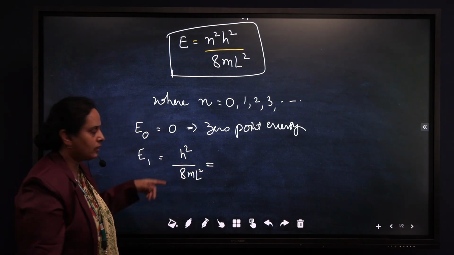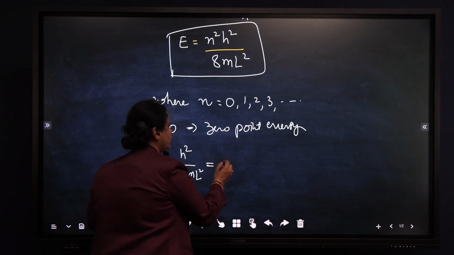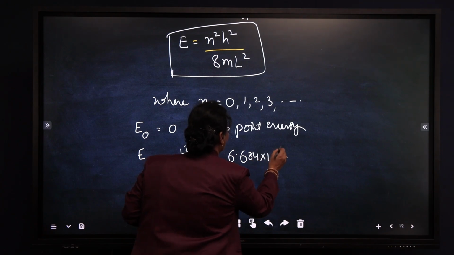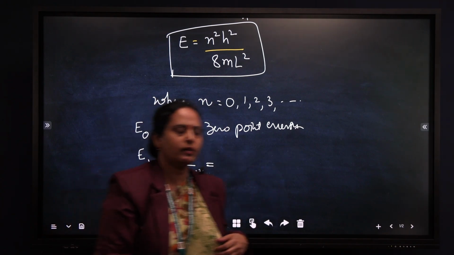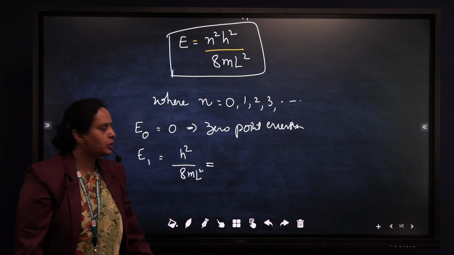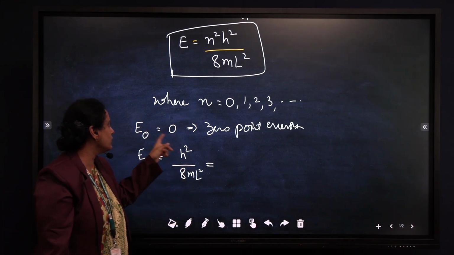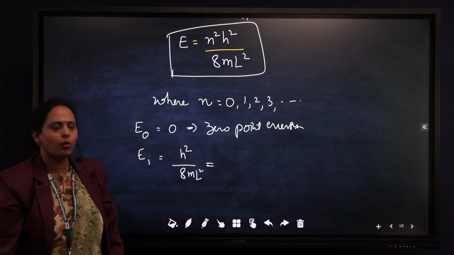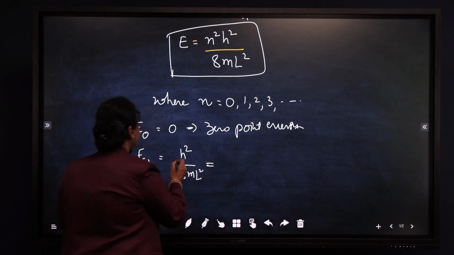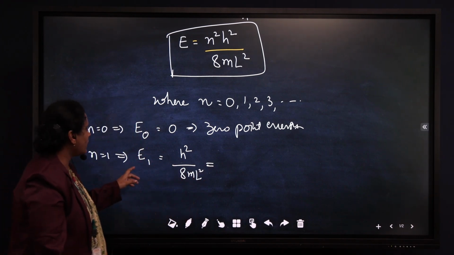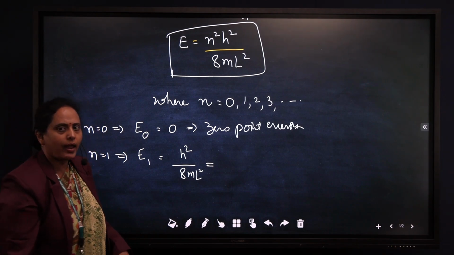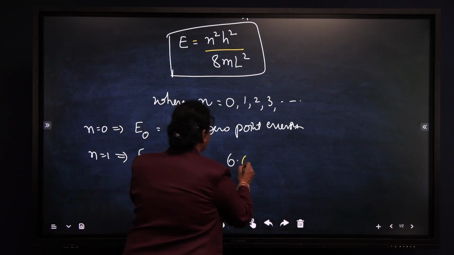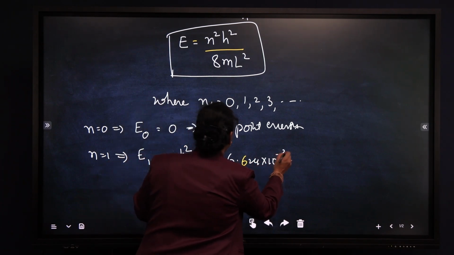Now let us calculate the value of E1, where h is the Planck's constant, 6.624 into 10 power minus 34.